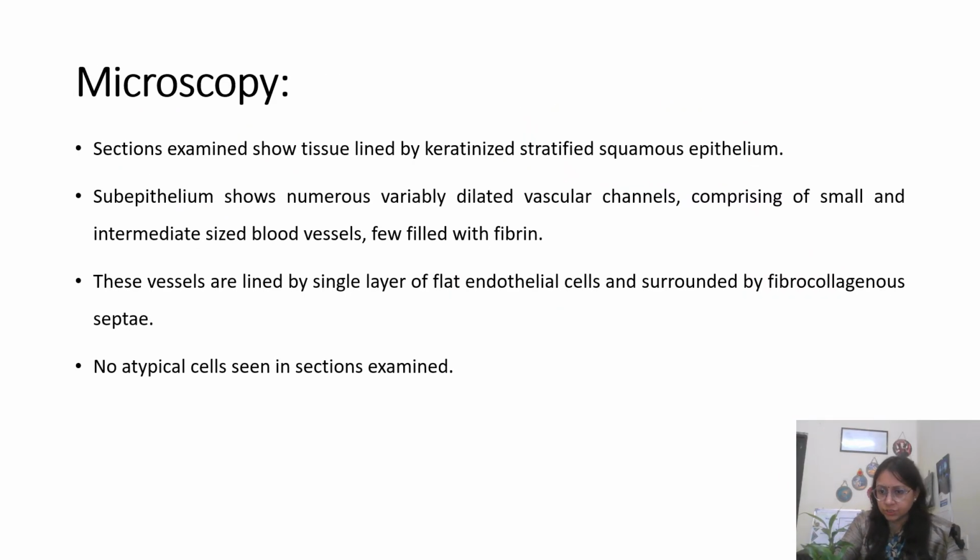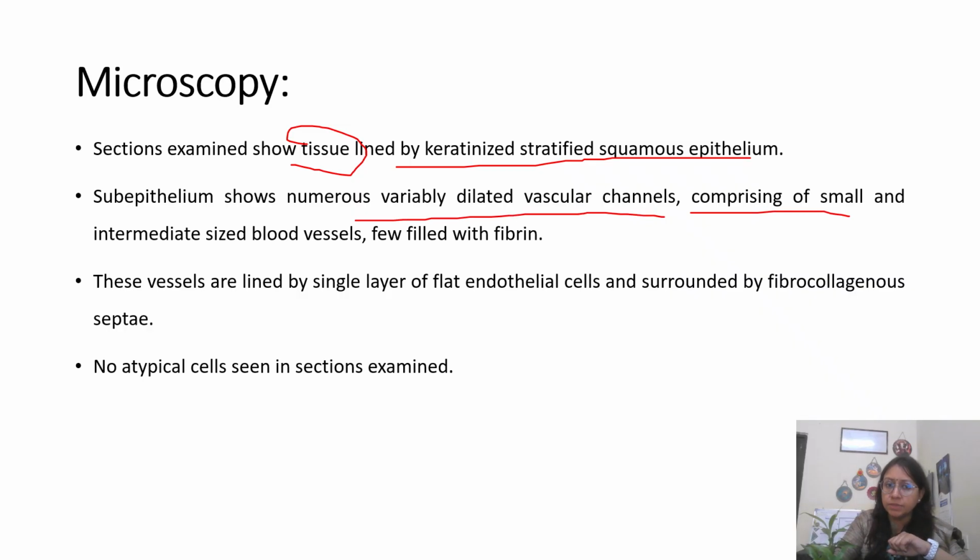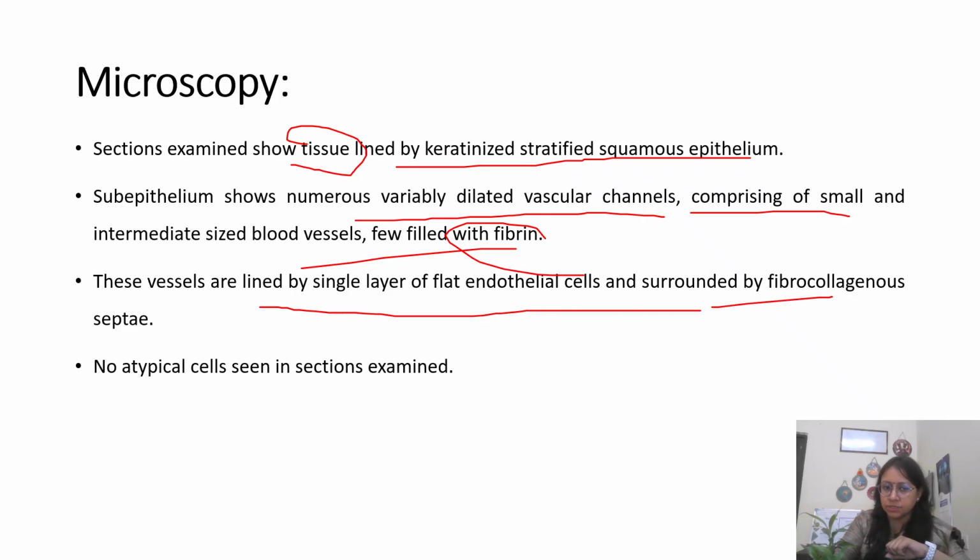When we made the sections and stained them with hematoxylin and eosin stain, what we observed was a tissue lined by a keratinized stratified squamous epithelium, and the subepithelium below the skin, I'll show you the diagram also, showed numerous variably dilated vascular channels comprising small and intermediate sized blood vessels, and a few were filled with fibrin. These vessels were lined by a single layer of flat endothelial cells surrounded by fibrocollagenous septae. No atypical cells were seen in the section examined.